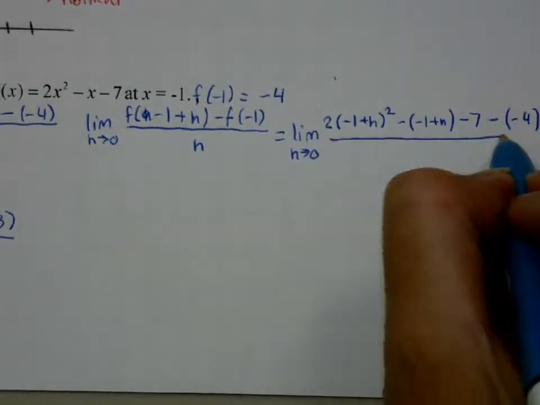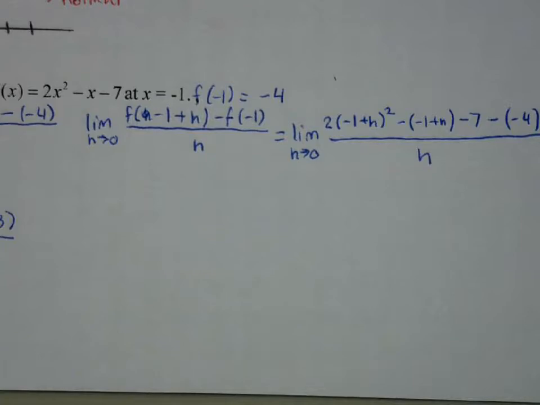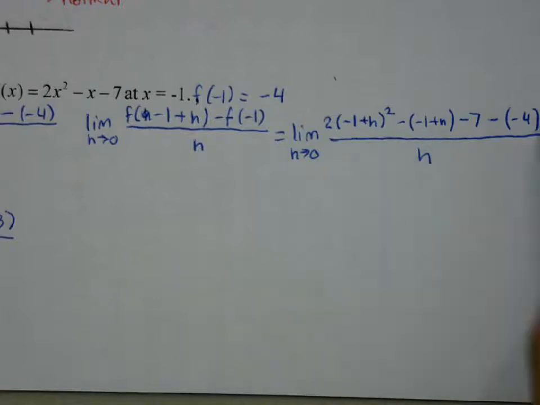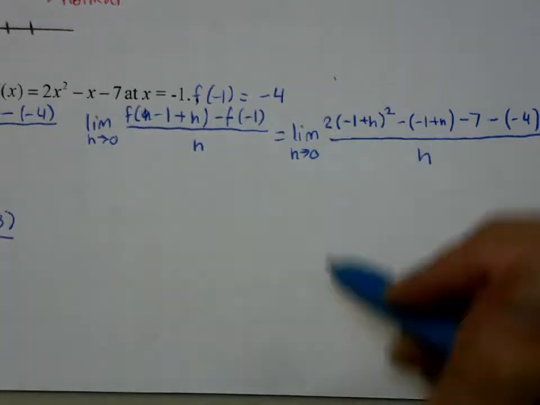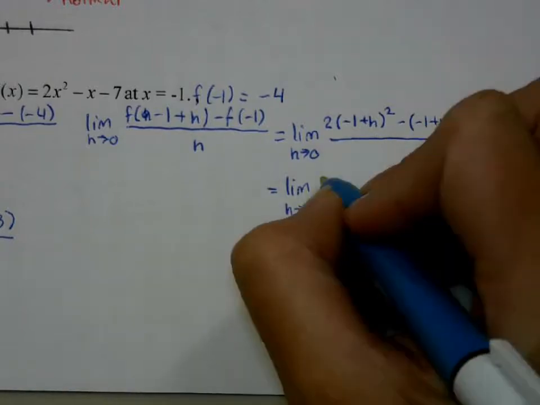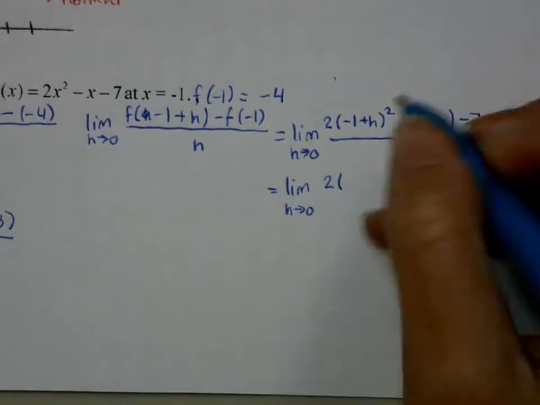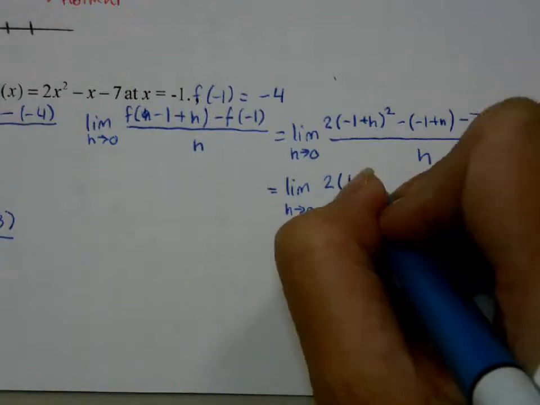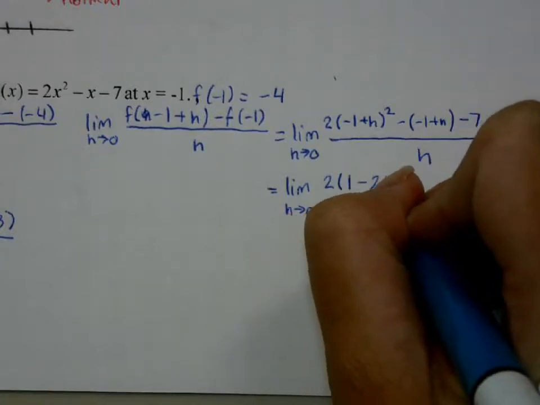I'm going to FOIL this and simplify some things here. So we're going to have 2 times, if I FOIL this, negative 1 times negative 1 is 1, and then we'll have minus 2h plus h squared, plus 1 minus h when we distribute that negative.